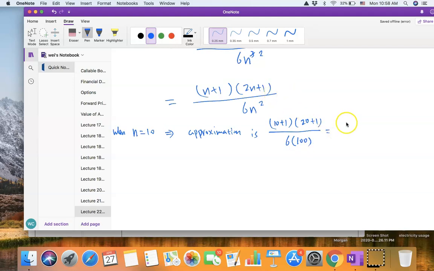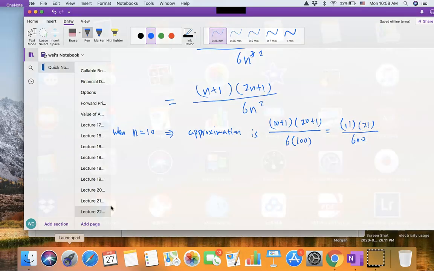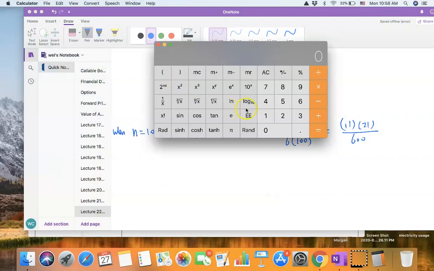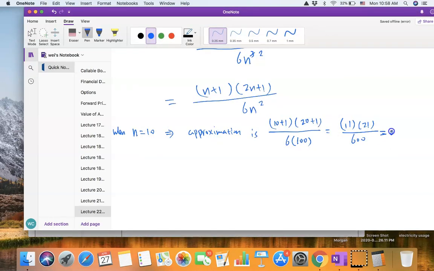That is 11 times 21 over 600. So it's 0.385.